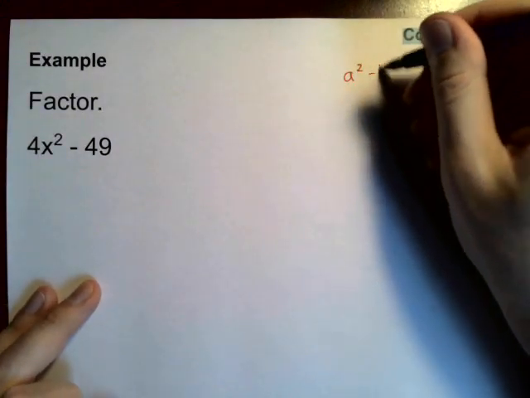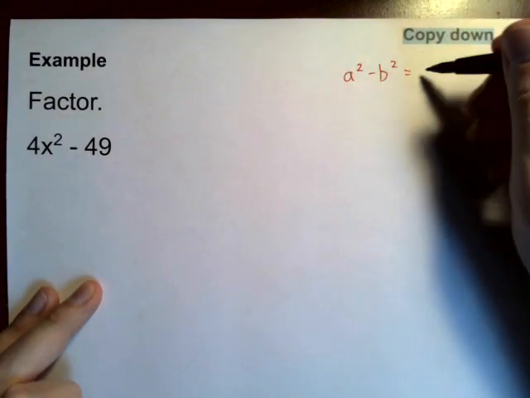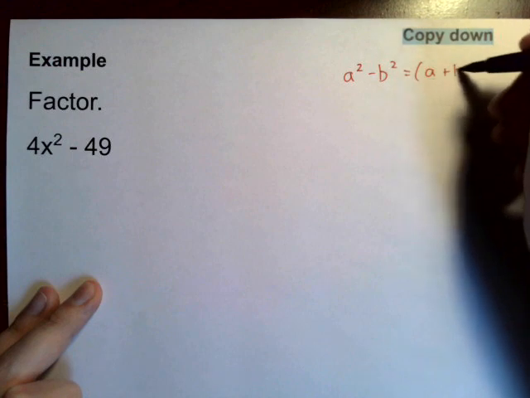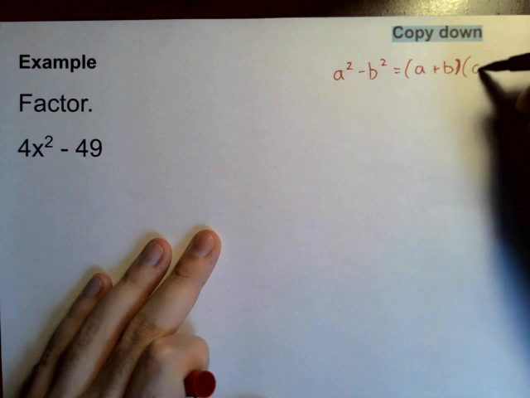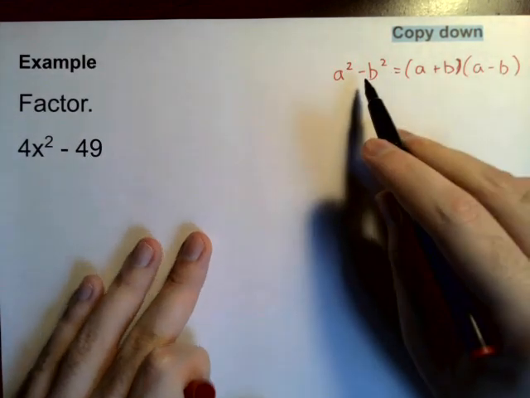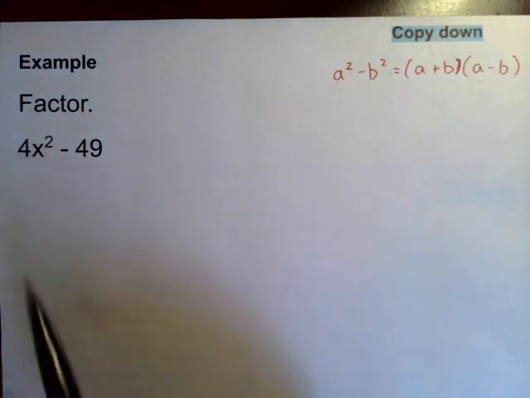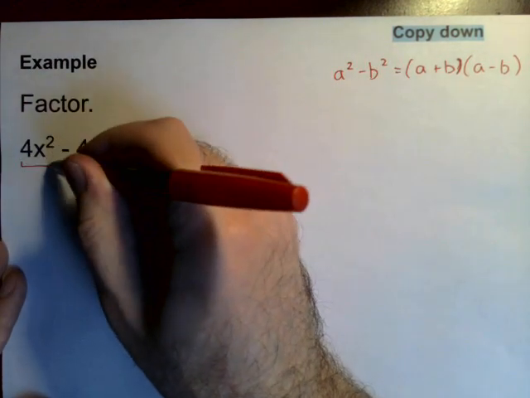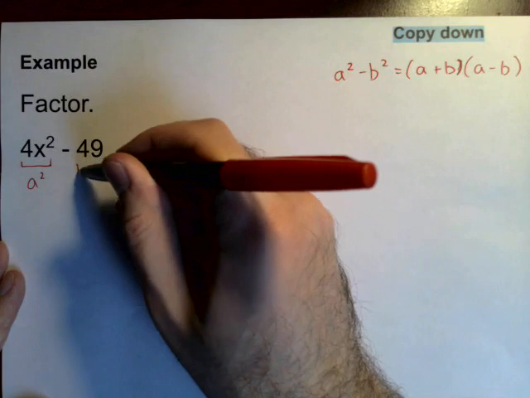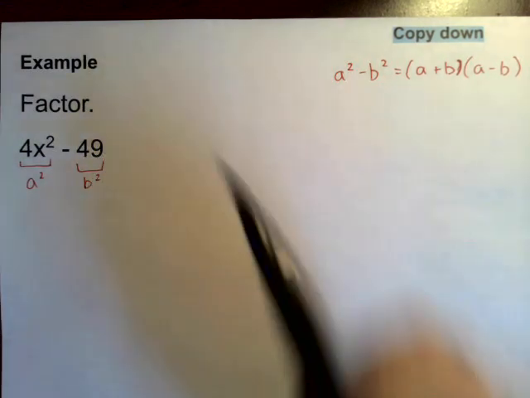And once again, just as a reminder, I always like to write the general case for the difference of squares, which is going to be a plus b times a minus b. So we have the two terms here. This is basically going to be our a squared, and this is going to be our b squared.